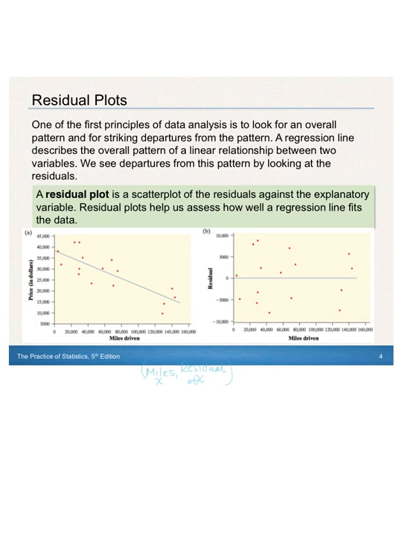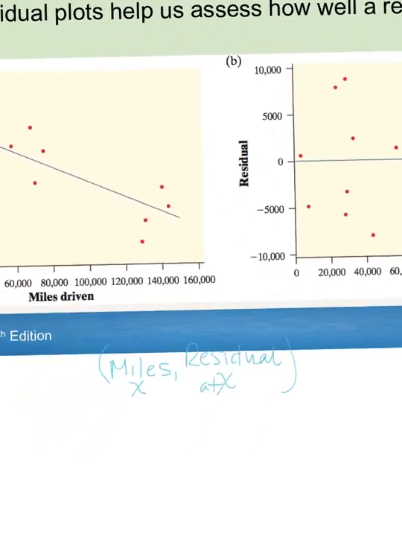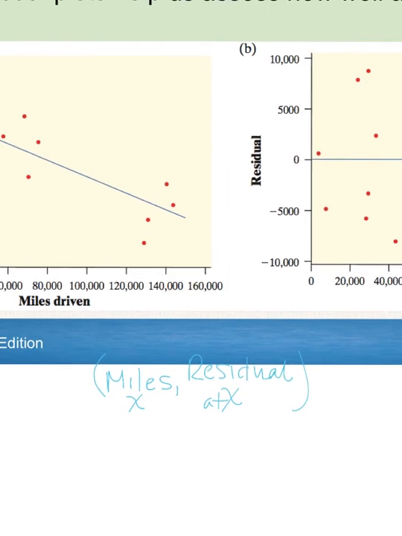So one of the things we're looking for when we're trying to decide if a linear association, a model using a regression line, is a good idea, is to check to see if there's any lurking patterns that we can't see. So we make a residual plot, and the residual plot basically says we're going to take the x value of our original xy points, and instead of y being the output, the response variable, we're going to have y as the residual at x.